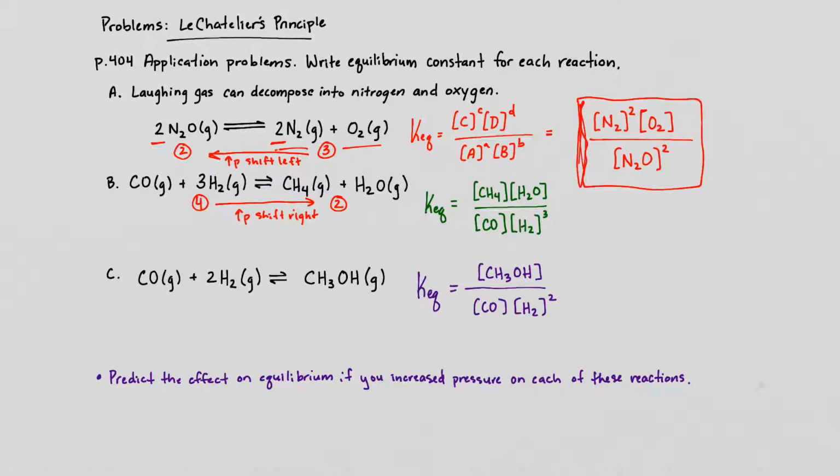And then the final one, pretty plain to see, we have 3 here, and we have 1 over here. So again, we increase the pressure, shift to the right. So that's how you're going to predict the shifting of equilibrium based off of the moles of gas in the problem.